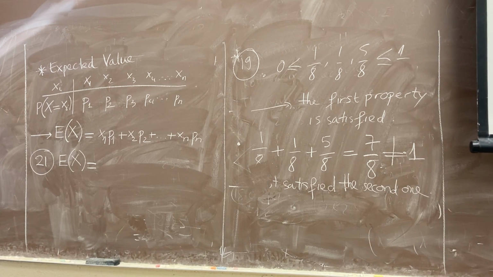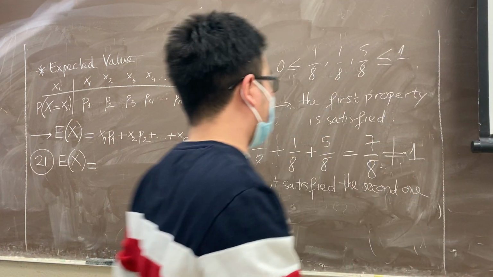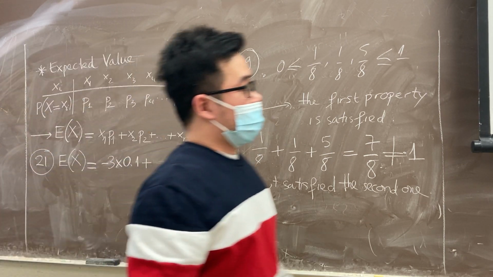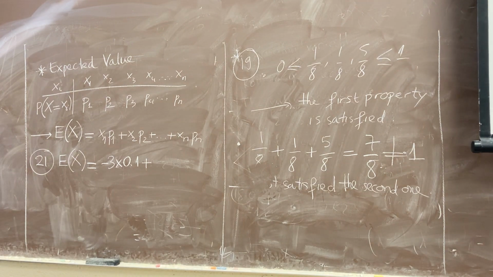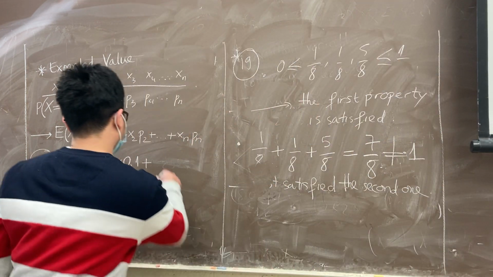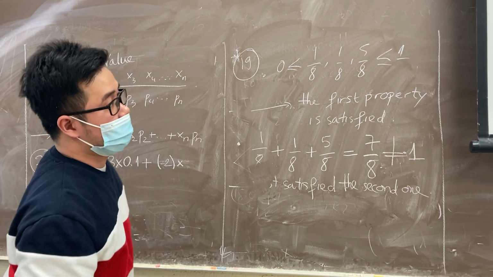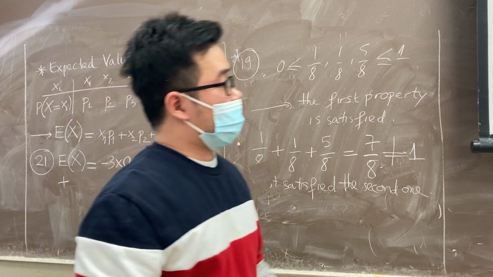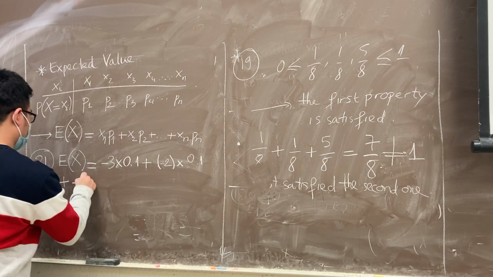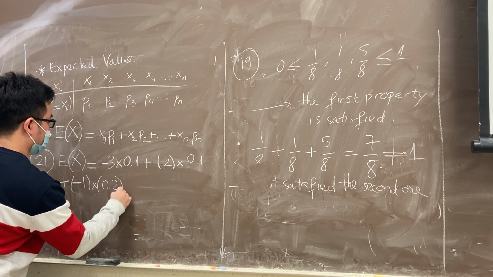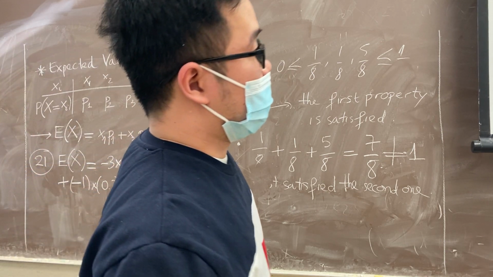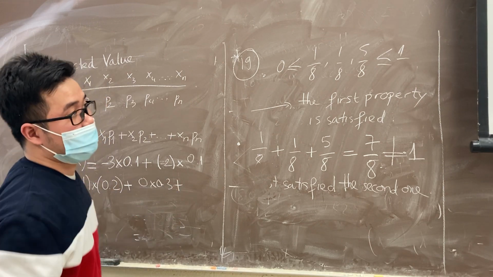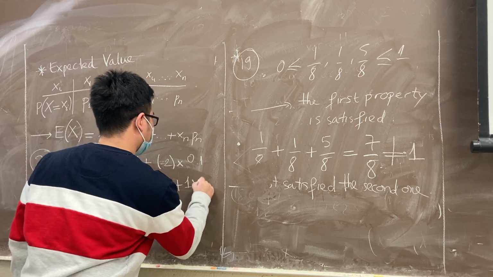So this is negative 3 times 0.1, plus the value -2 times the corresponding probability, -2 times 0.1, plus -1 times 0.2, plus 0 times 0.3, plus 1 times 0.3.